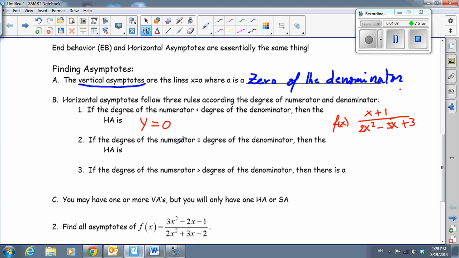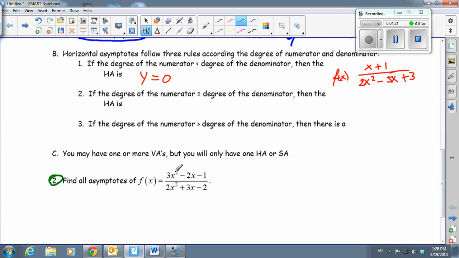Alright, now the degree of the numerator is equal to the degree of the denominator. I'll take the example of 2. The degree on top here is 2, the degree on the bottom here is 2. When they're the same, y is equal to the ratio of the leading coefficients.